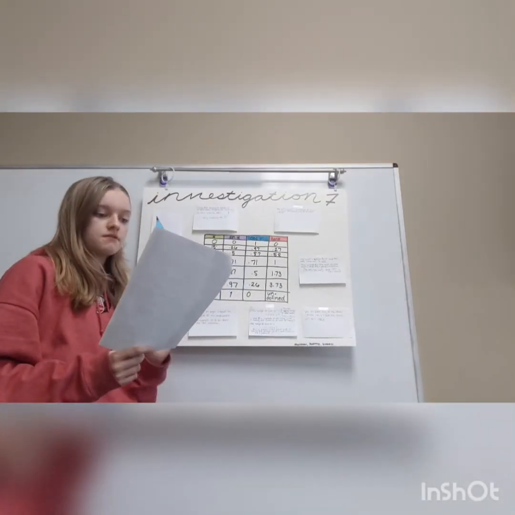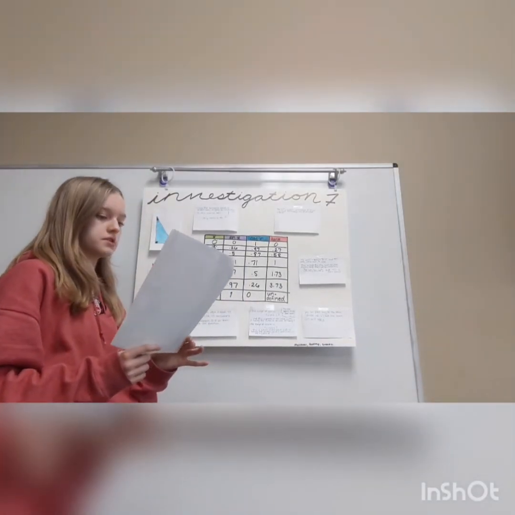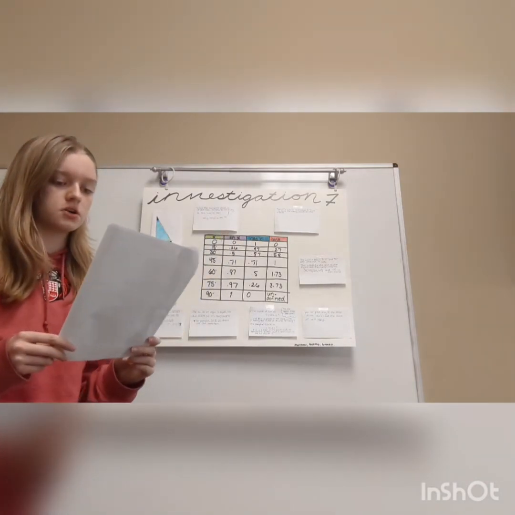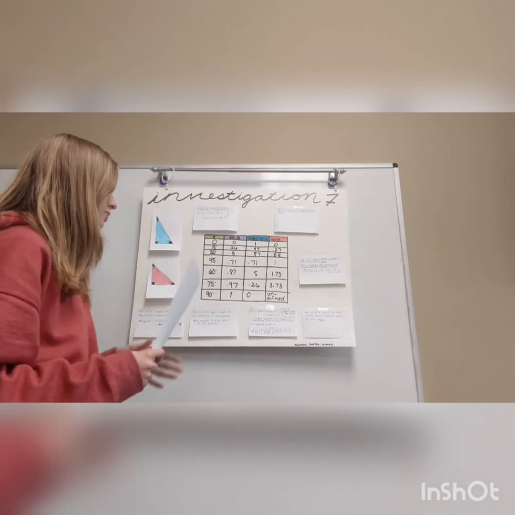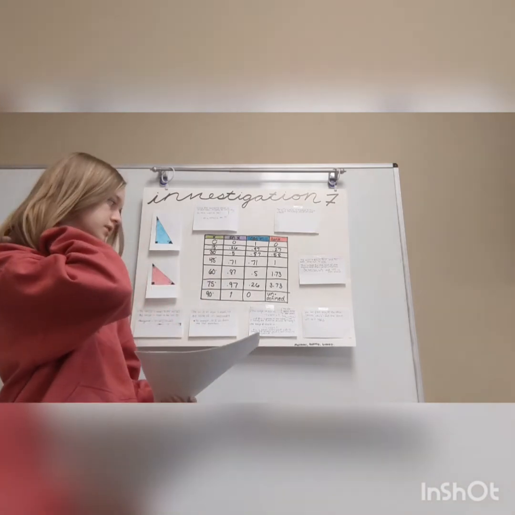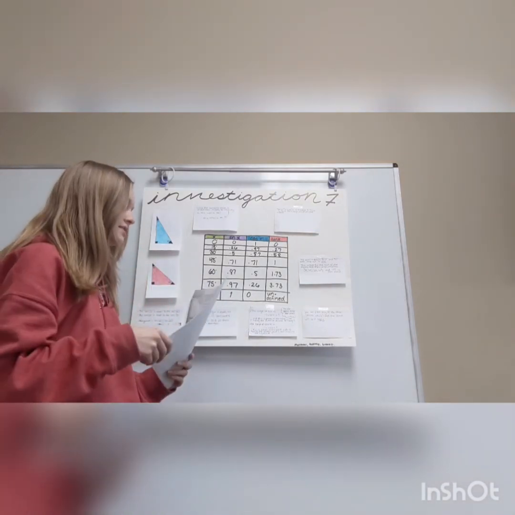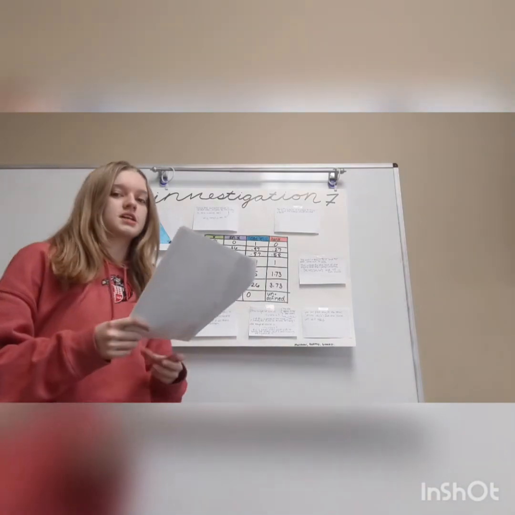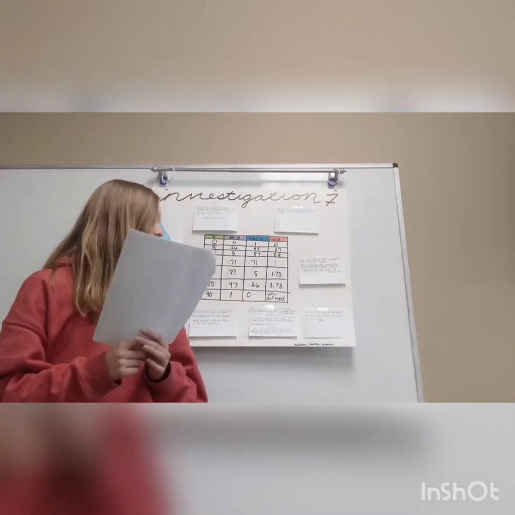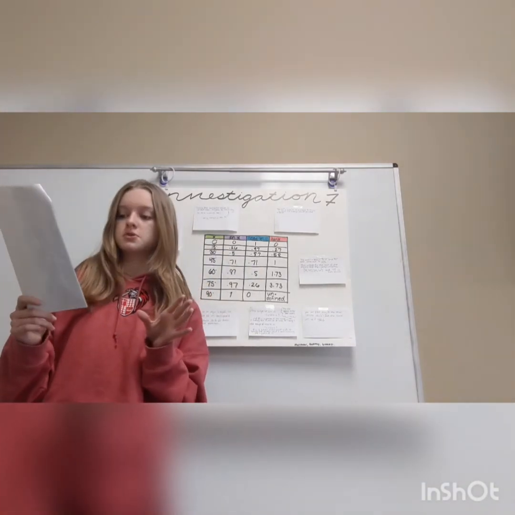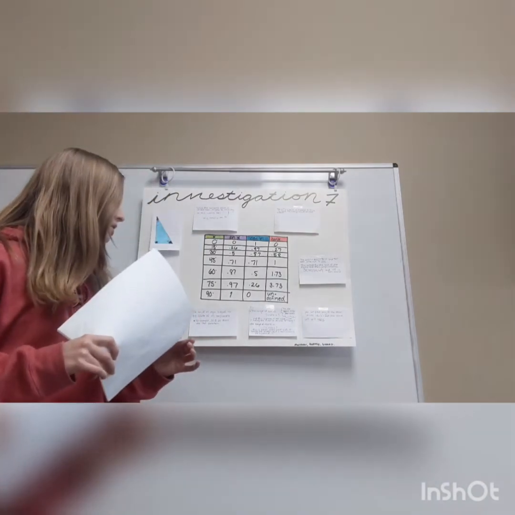For question 7 on investigation 7, it says, describe the range of values for cosine and sine based on your table. And so for the range of sine, it's -1 is less than or equal to sine x, which is less than or equal to 1. So that's basically just saying the values for sine are between -1 and 1.